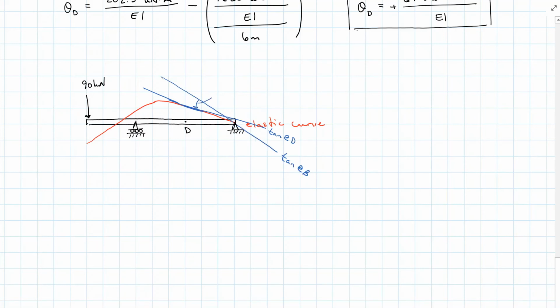So we still have our theorem 1 here, theta D with respect to B, where this angle right here is theta D, and this angle here, I know it's small, I apologize, is theta B. So theta D is still going to be the difference between theta B and theorem 1 DB.